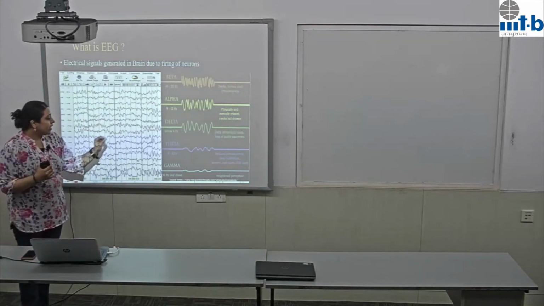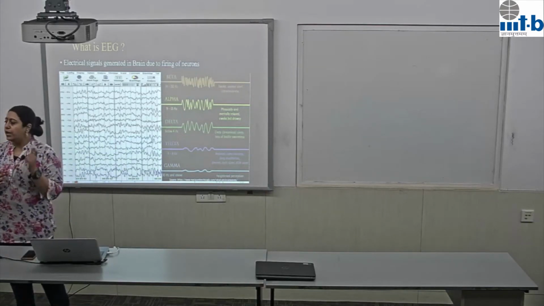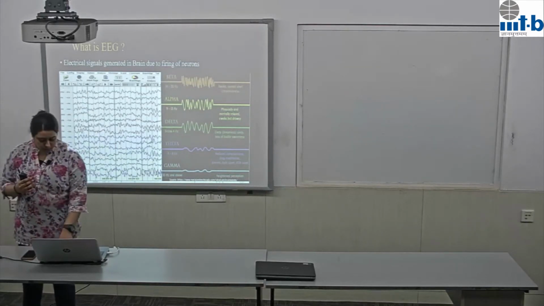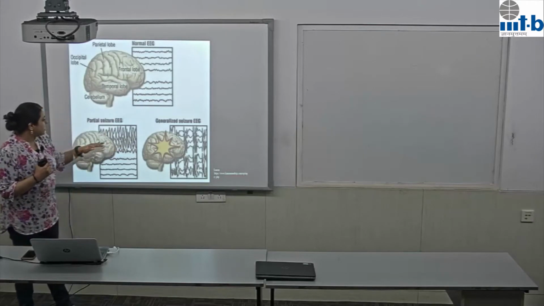Usually it is said that when there is a lower amount of gamma, the person is more prone to learning disorders. This is a sample of how a normal EEG varies from a disorder EEG. Here I have chosen seizure, known as fits. You can clearly see how different a normal EEG is from a seizure EEG.